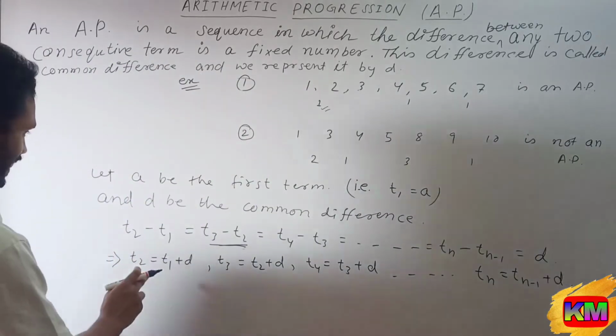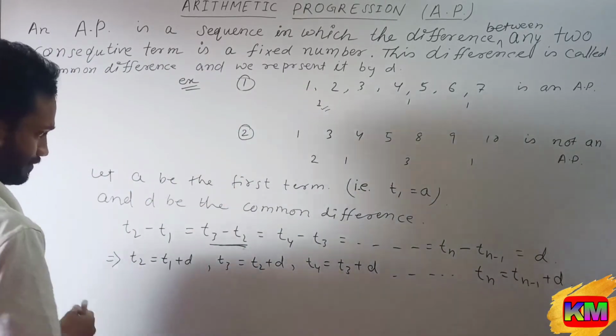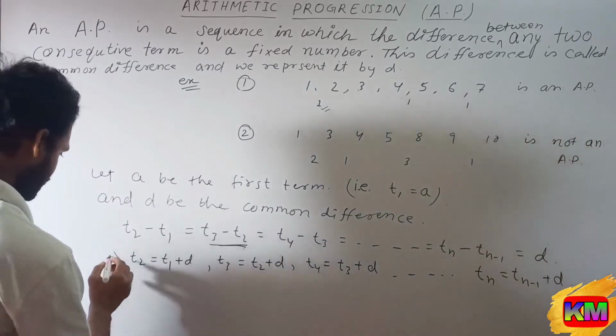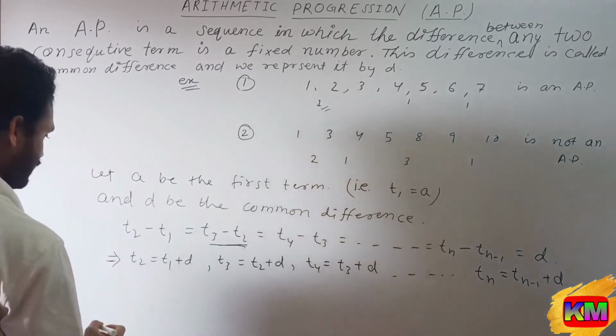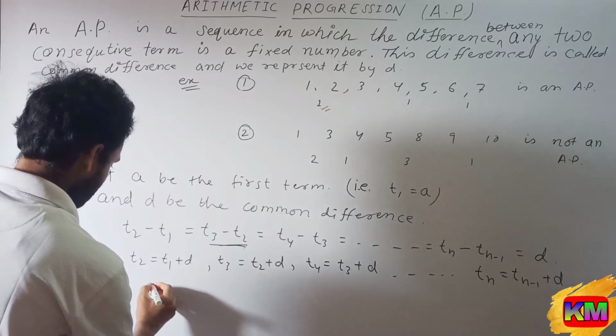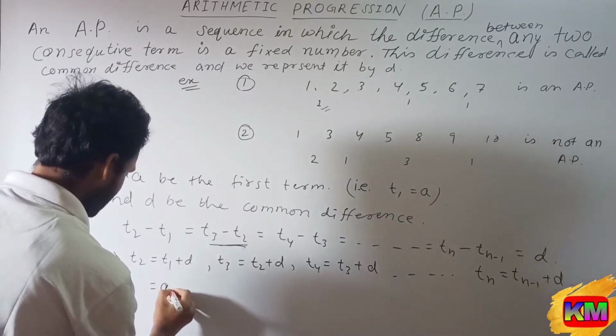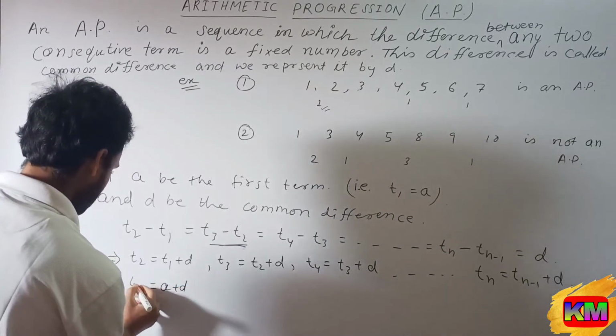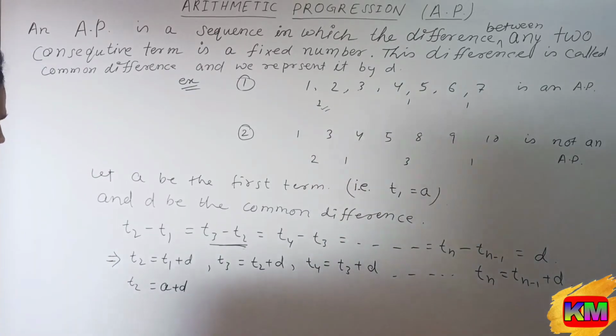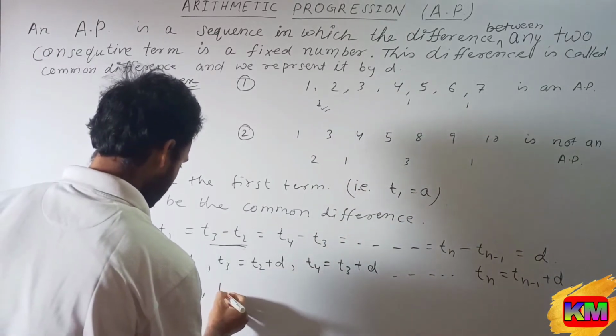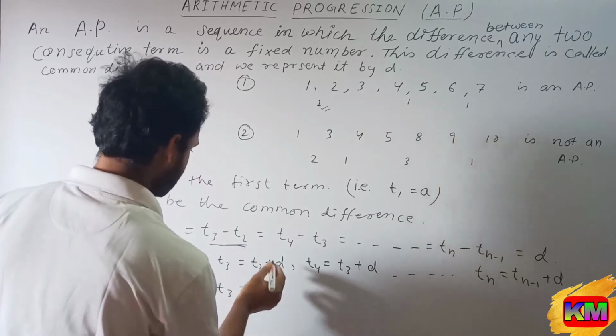Now, we know that T1 equals A, so we will write A in place of T1. So T2 equals A plus d. Now T3 equals T2 plus d.